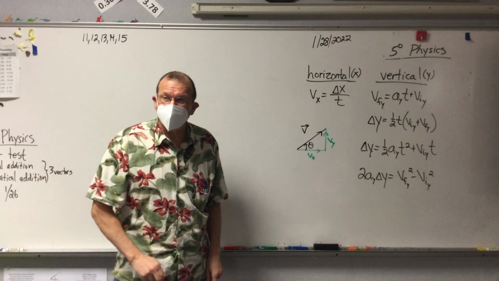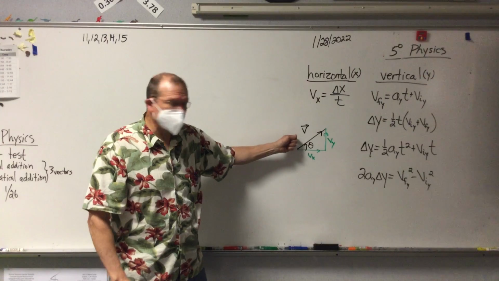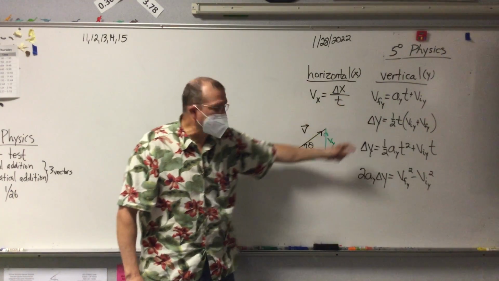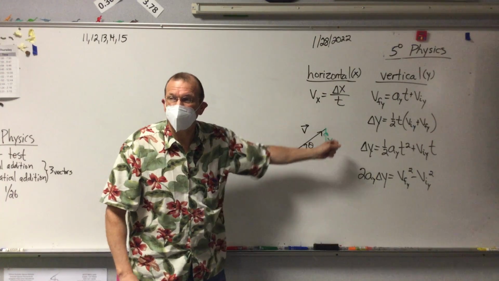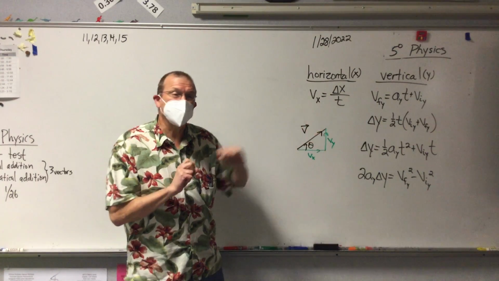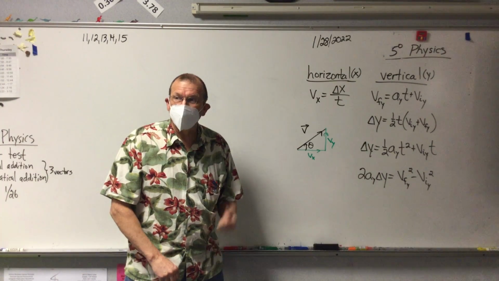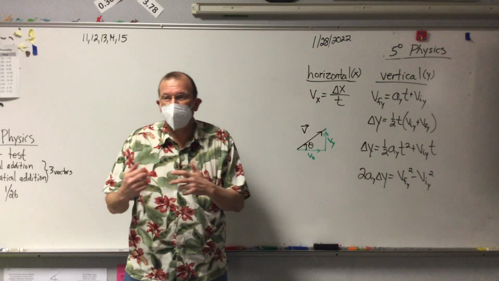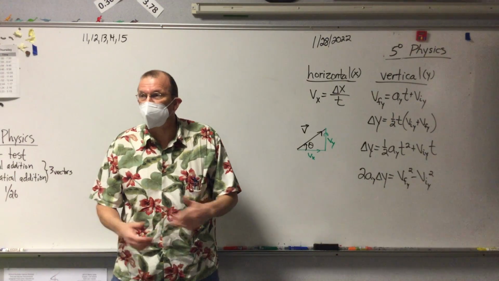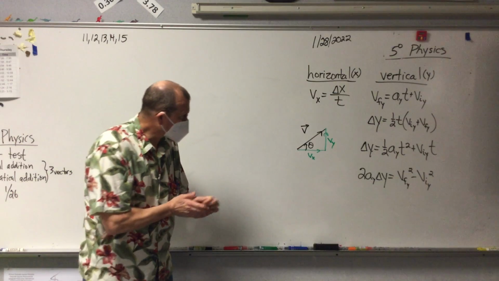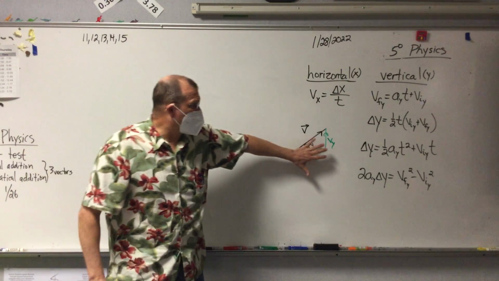The reverse is that if a problem asks you to get this V, that means you have to use these equations to figure out what Vx and Vy are, and then go through your last two steps of vector addition, which are the Pythagorean step and the arctangent step, in order to figure this out.